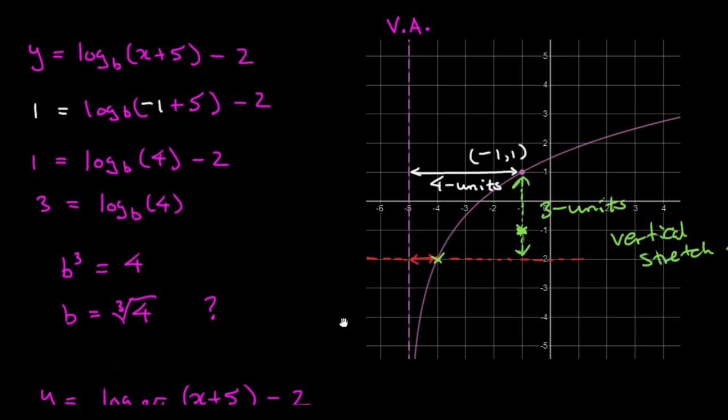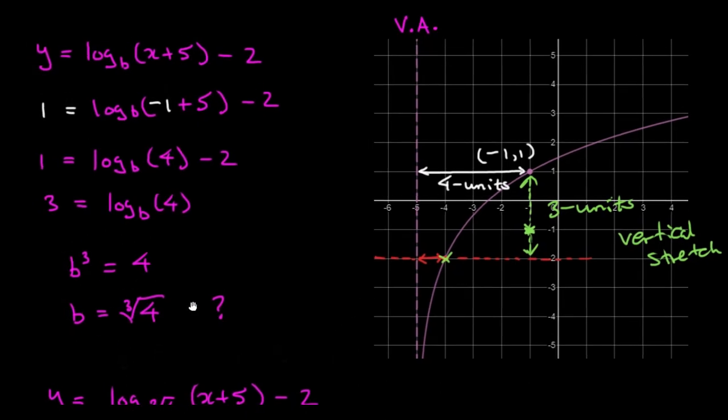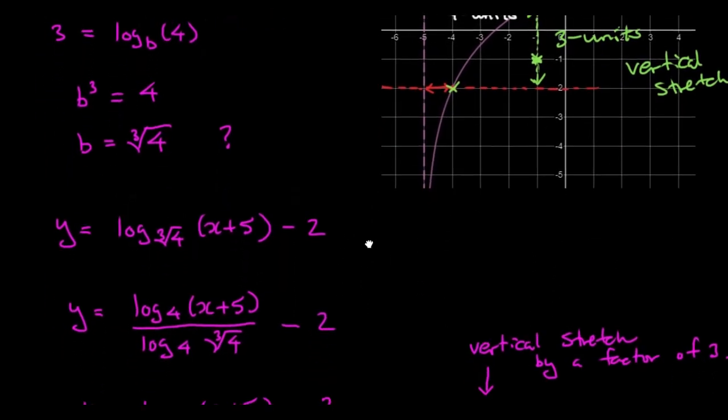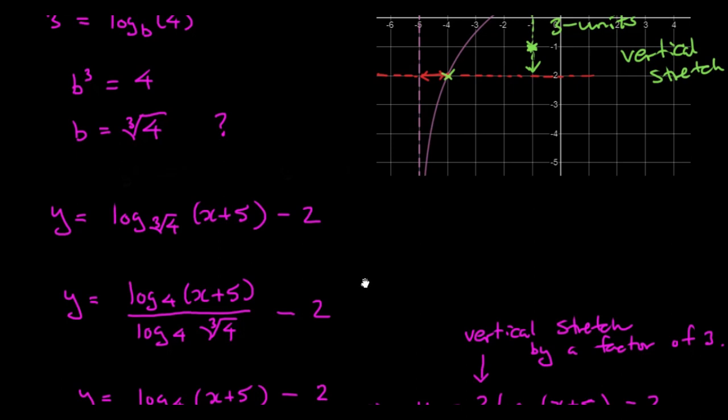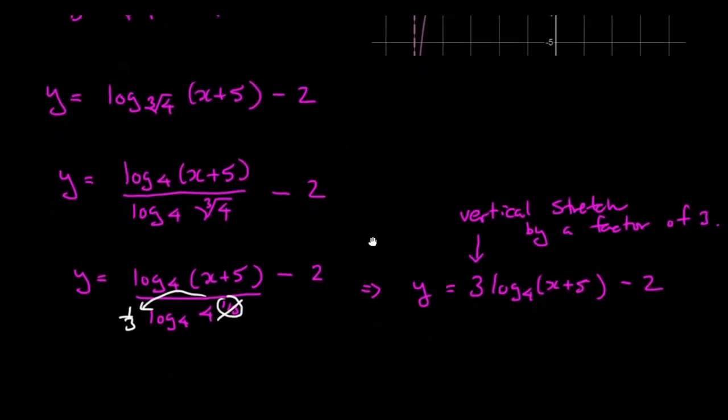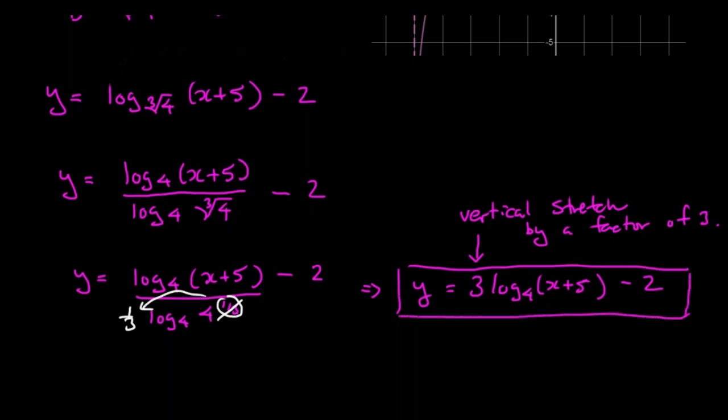Okay, so there's 2 ways of identifying the equation of this function. First, dealing with the kind of horrible cube root 4 base, and then switching to the integer part of that, which of course is the 4 underneath that cube root. Switching that base via your change of base formula can quickly give you the equivalent and probably more user-friendly version of this function, which is 3 times log base 4 of x plus 5, minus 2.